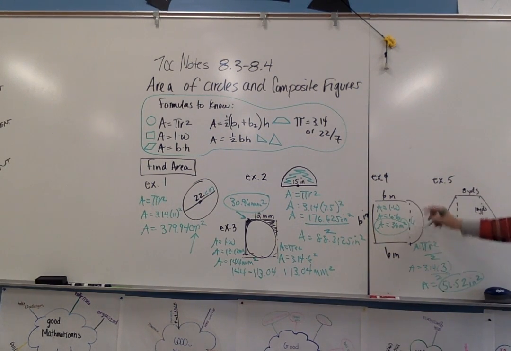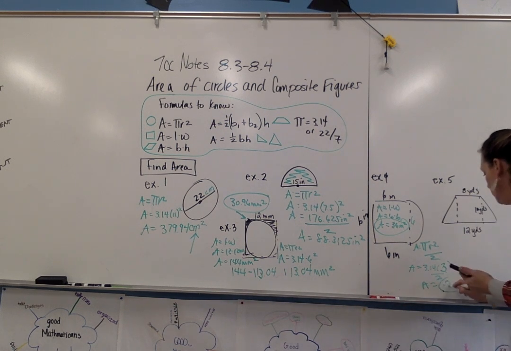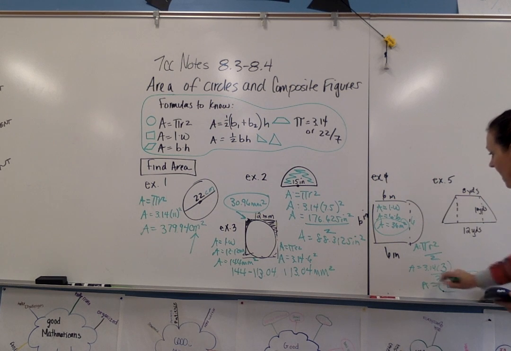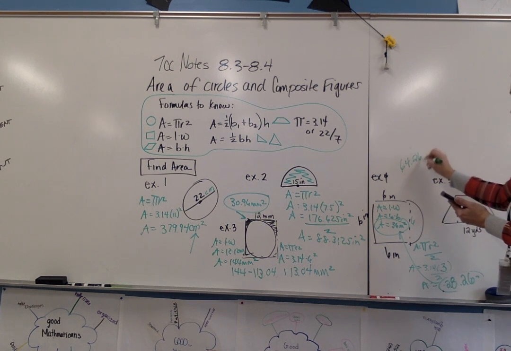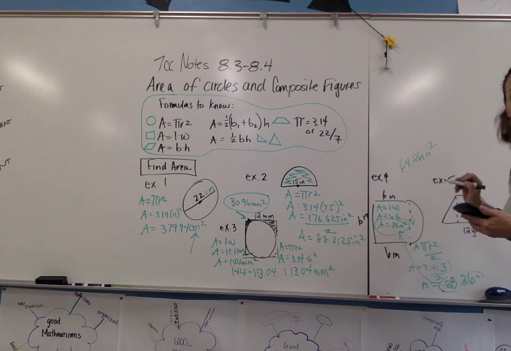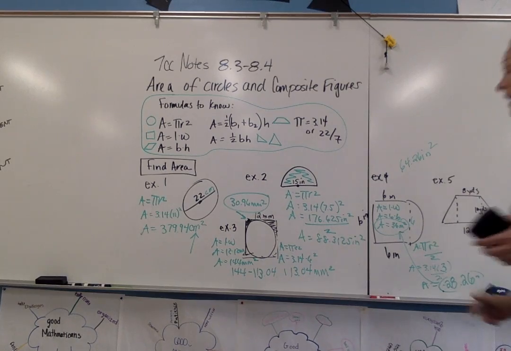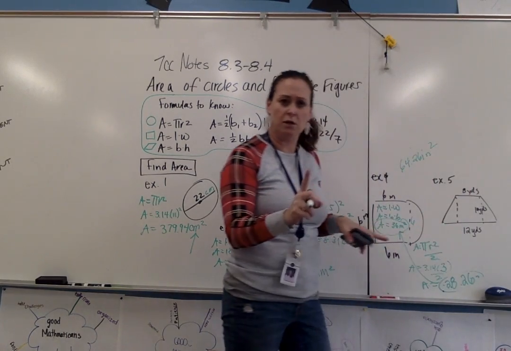This is the whole diameter, but I only need the radius, so my number's going to change for that. 3.14 times 3 times 3 is going to be 28.26, and I'm going to add that to 36. So my answer should be 64.26 inches squared.